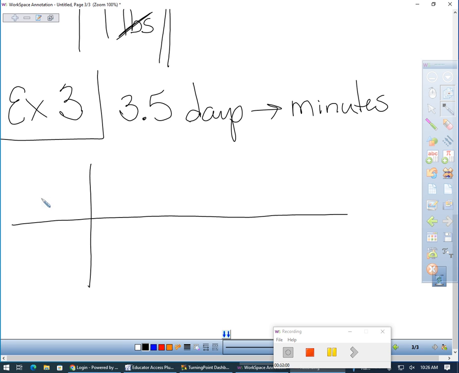On the top is my given information, which is 3.5 days. My conversion factor. Do I know off the top of my head how many minutes are in a day? No. So what we need to do is go from days to hours, and then hours to minutes. So our first conversion factor is there are 24 hours in 1 day.